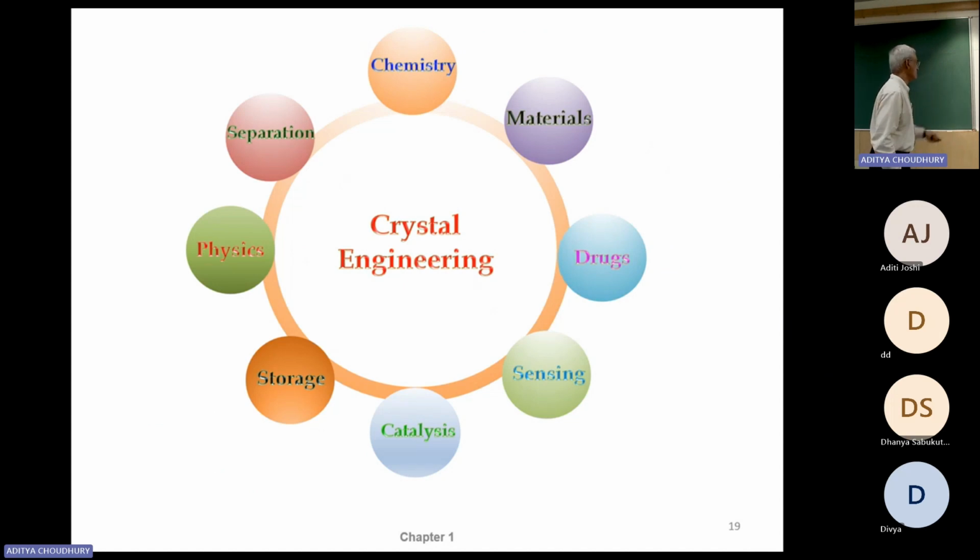Okay, so you see applications anyway, and you can add more. In fact, nowadays you can put it in many other engineering areas. You can talk about different types of materials, from building materials to electronic materials, and drugs, of course, sensing, catalysis, and so on. The applications we are going to see.